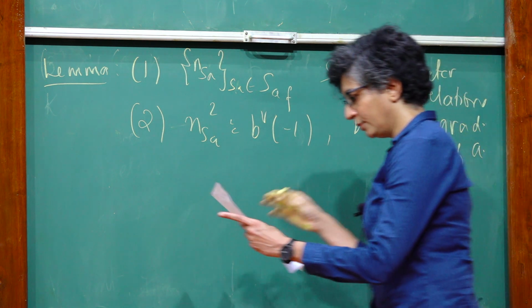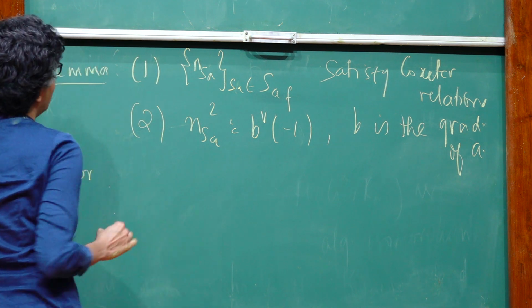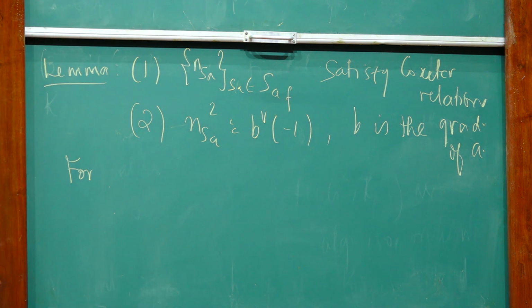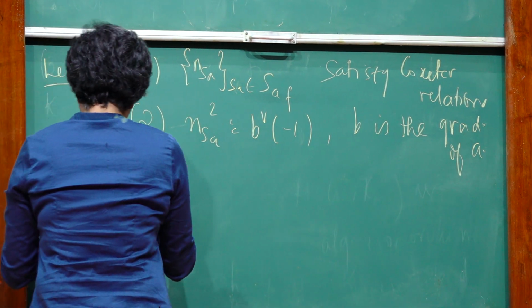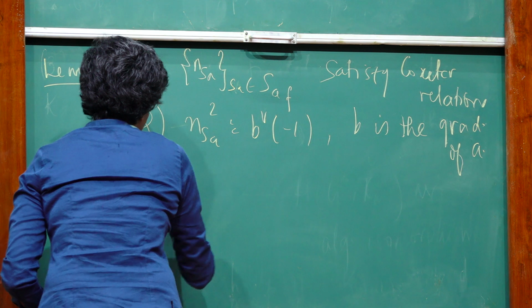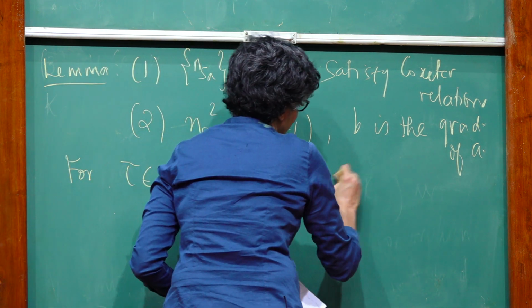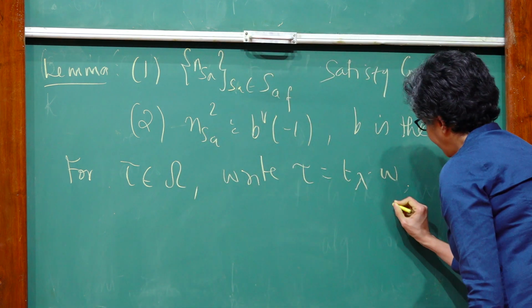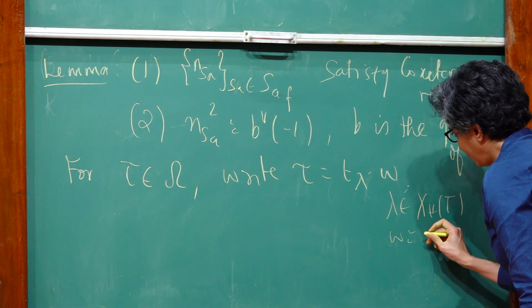And then for tau in omega, I have already explained how to pick representatives for the affine simple reflections. I have to tell you what to do with omega, but you do what is obvious. So for tau in omega, write tau as T_lambda times w, where lambda is in X lower star of T and w is in the finite Weyl group.